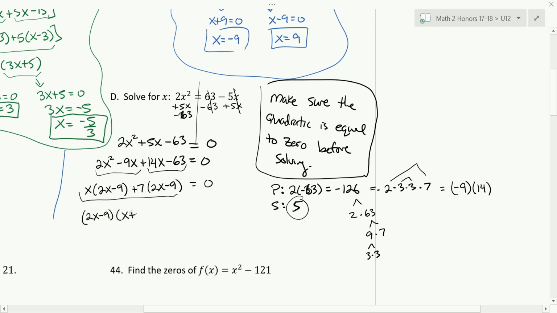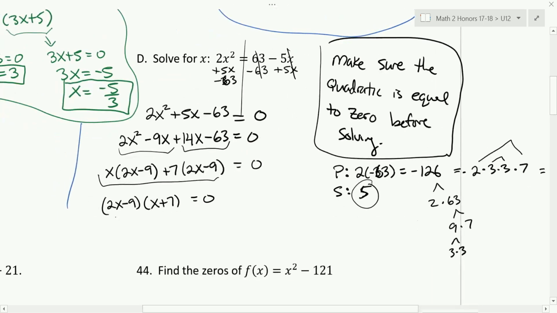I'm left with x plus 7. So now it's factored. And now I can solve. So when 2x minus 9 is 0, 2x is equal to 9. So x is 9 over 2. When x plus 7 is 0, we get x is negative 7.